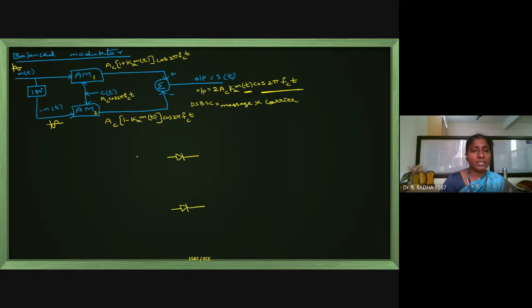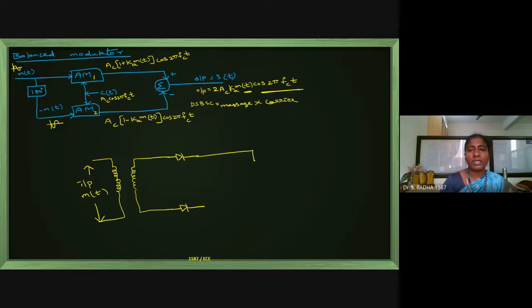I will take transformers, step up or step down transformer. Here the input m of t can be applied. I am giving it to a diode.